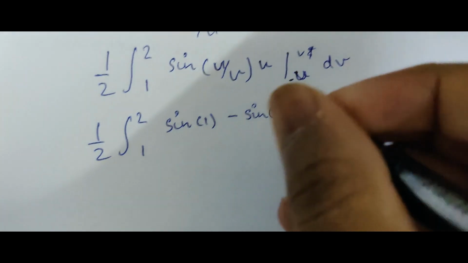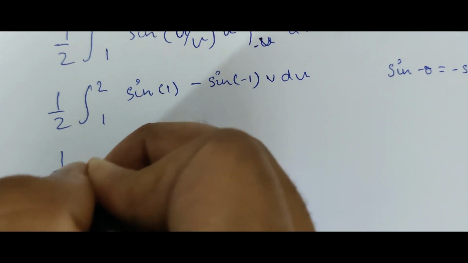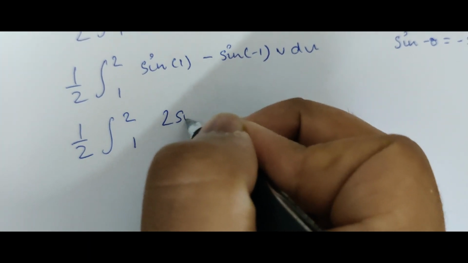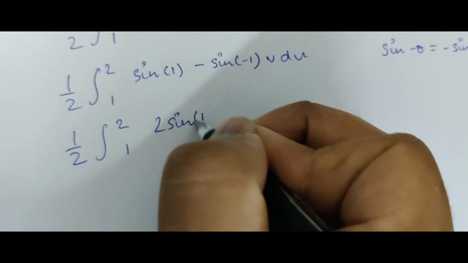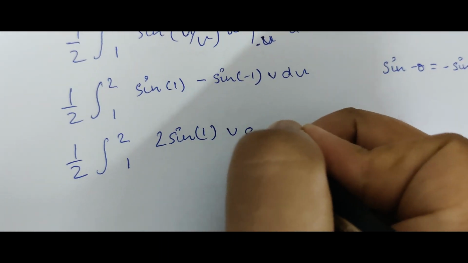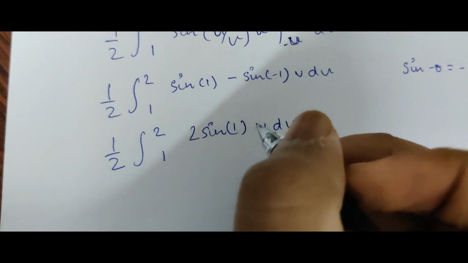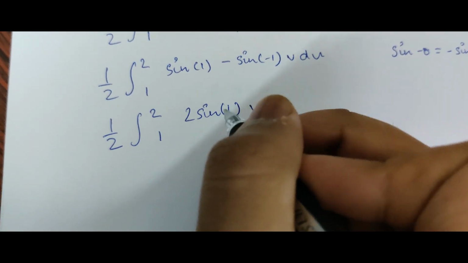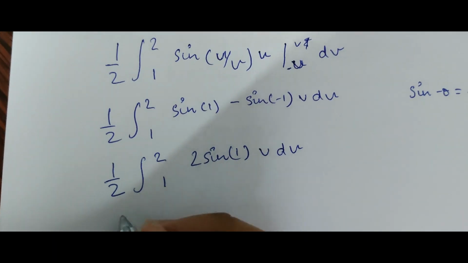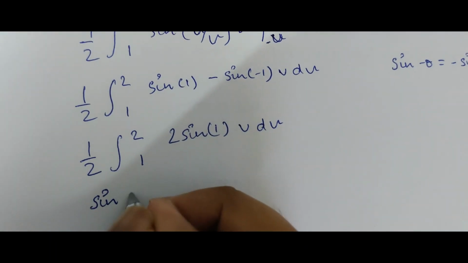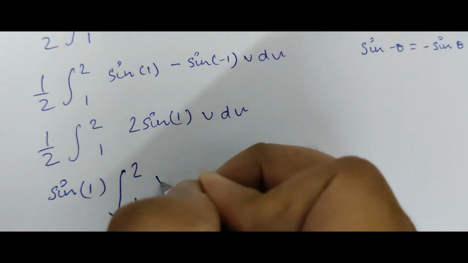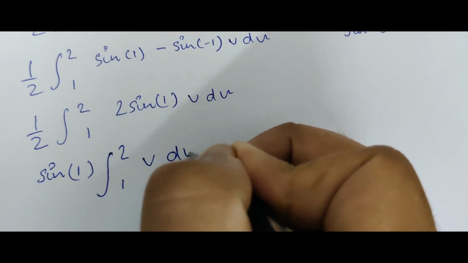We do the same here, which leads to us having 2 sine 1, as this becomes positive v dv. Now this becomes a constant and it comes here, and because there's a 2, it becomes sine 1, 2 to 1, v dv.